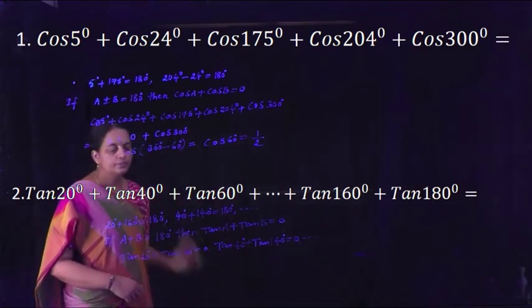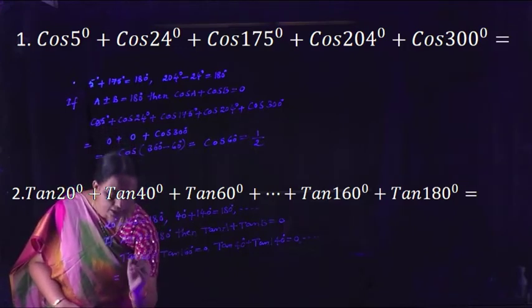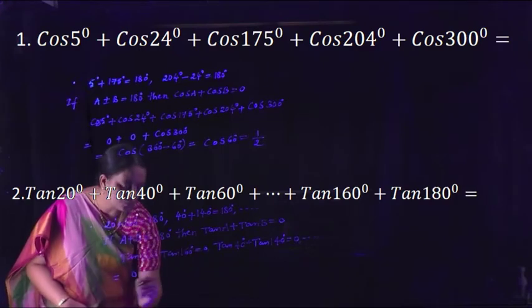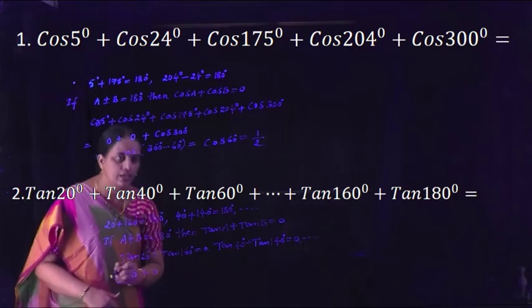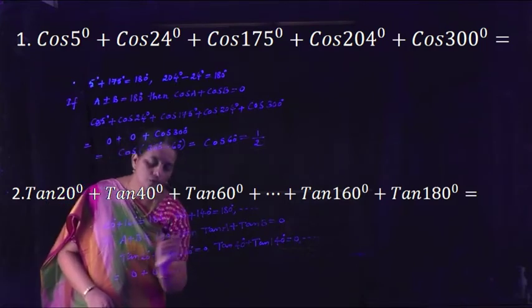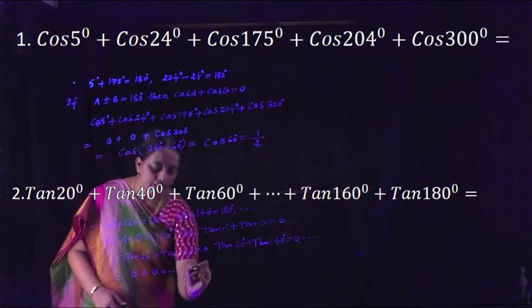So, from the given problem, we can write tan 20 plus tan 160 is 0, plus tan 40 plus tan 140 equal to 0, plus and so on. Sum of two terms is equal to 0.